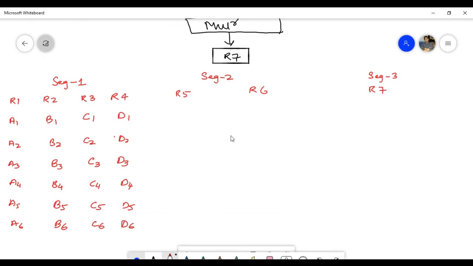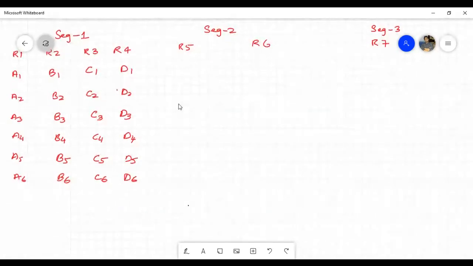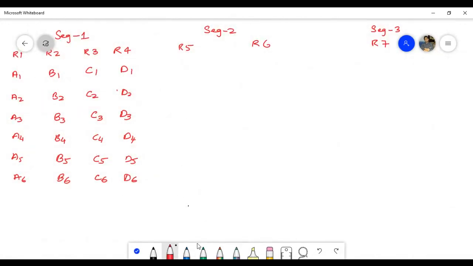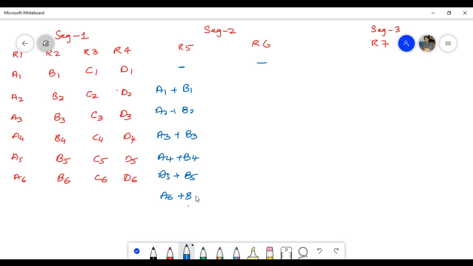In the next segment, segment 2 is R5. In segment 2, we will go by one shift. So R5 is nothing but R1 plus R2, that is A1 plus B1, A2 plus B2, A3 plus B3, A4 plus B4, A5 plus B5, A6 plus B6.